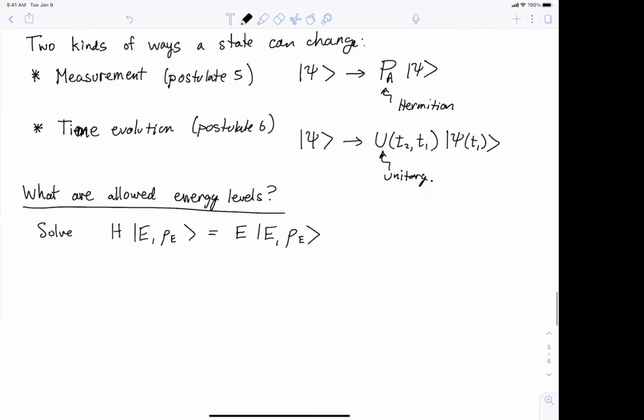And there's no shortcut to that. It's something that you have to solve either as a matrix equation or a differential equation, usually one or the other.